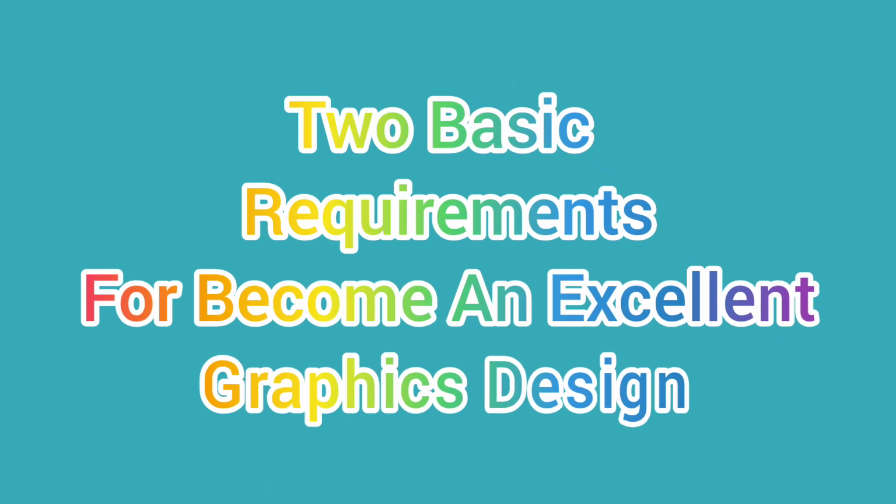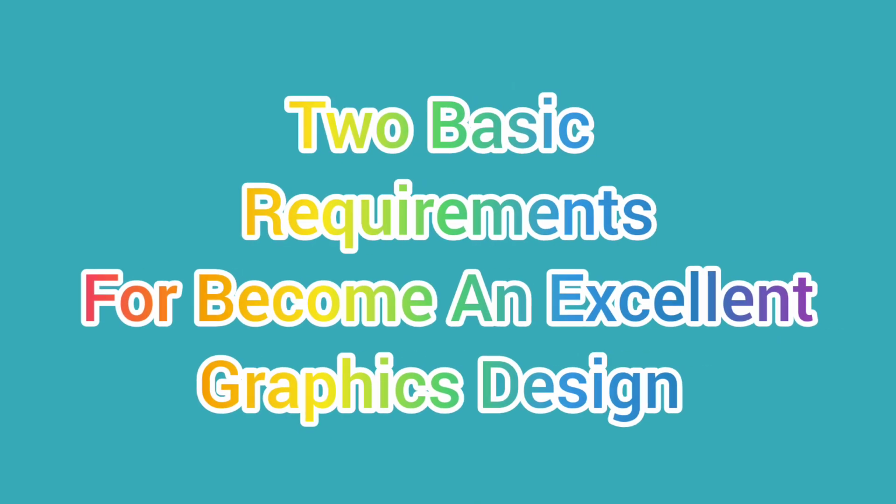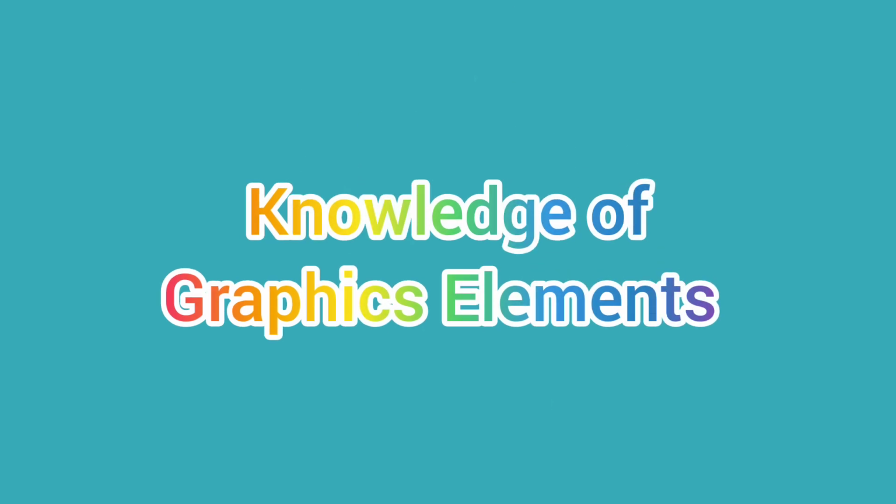Now, let's look at two important skills that you must have to be an excellent graphic designer. The first one is the knowledge of graphic elements. An example of such an element is color composition.